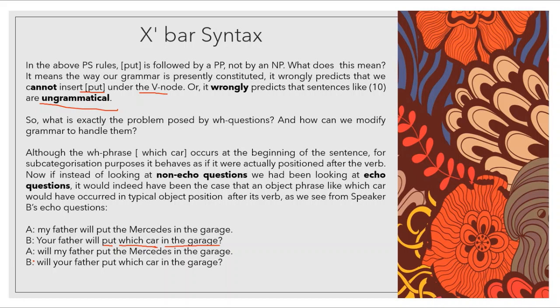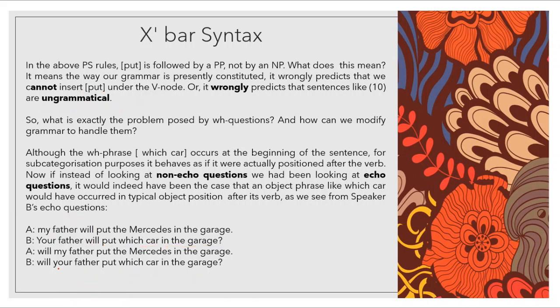Here again, will my father put the Mercedes in the garage? Will your father put which car in the garage? So here again you see that put comes before the NP followed by the PP.